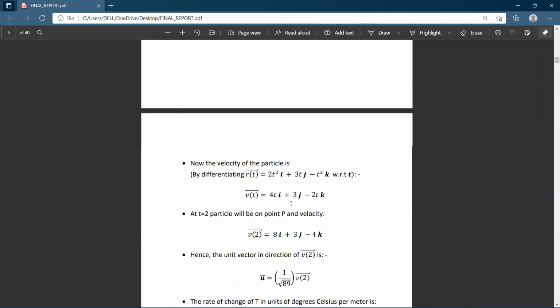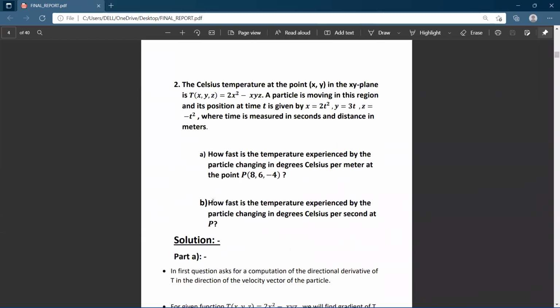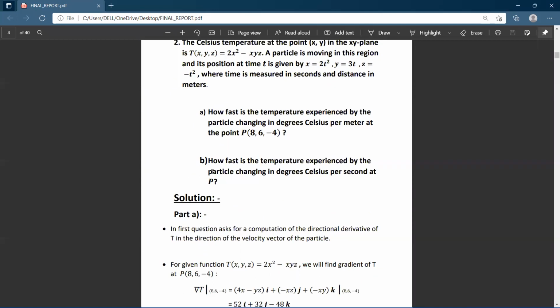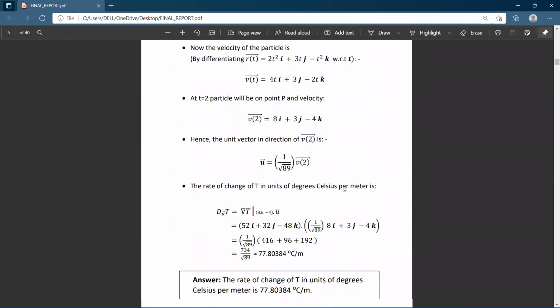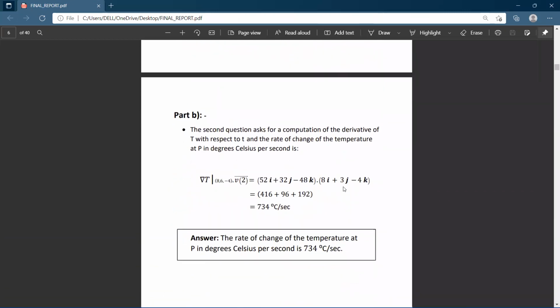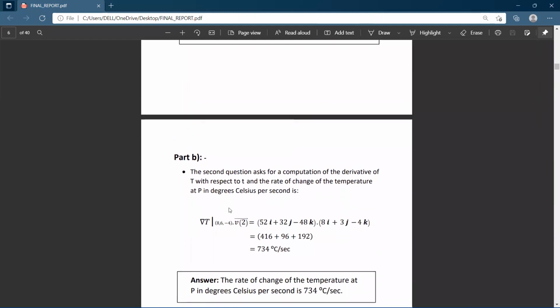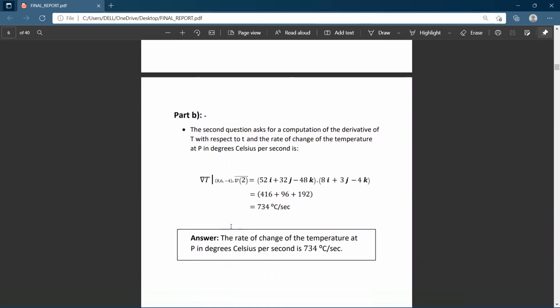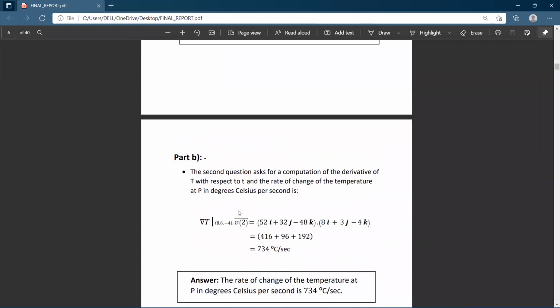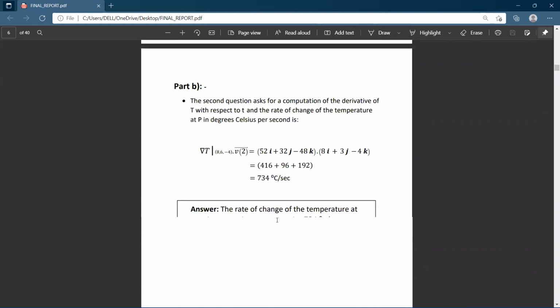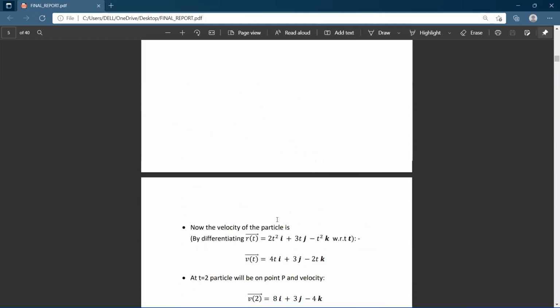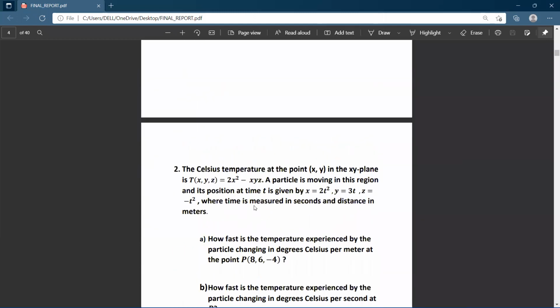Now part B. Part B is asking how fast the temperature experienced by the particle is changing, in degrees Celsius per second, at P. Here we have to find the rate per second. So in the gradient of T, we have nothing to change, because we are already measuring time in seconds.